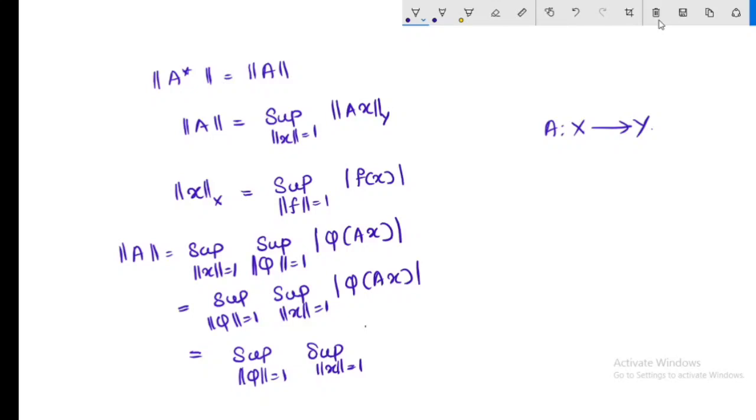Now what is phi of Ax? Phi of Ax is same as A star phi of x.